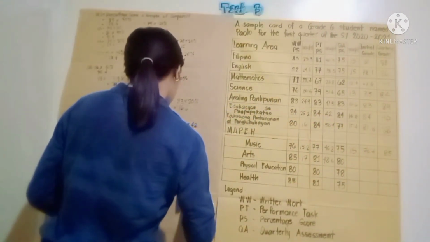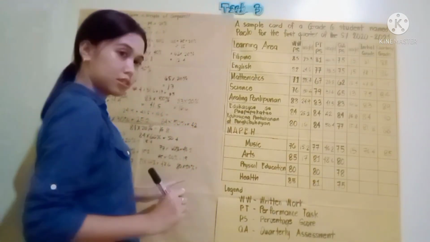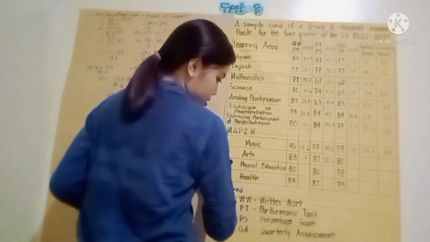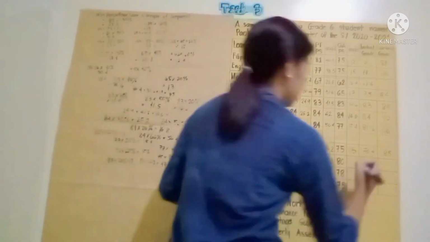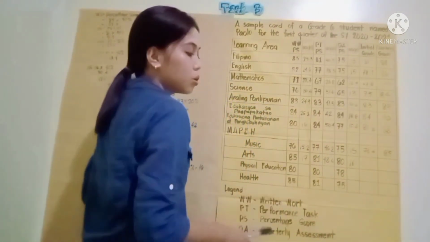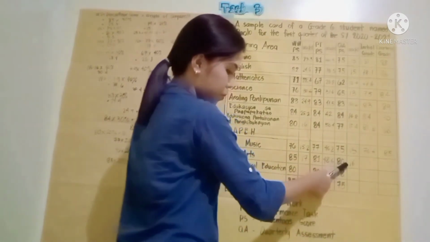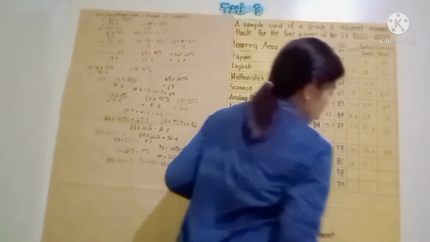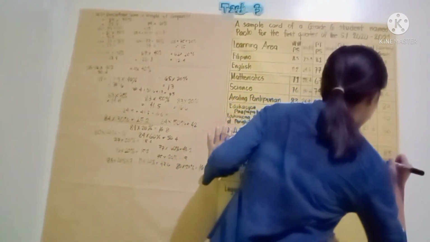So 80 times 20%, the weight of component in quarterly assessment, is equal to 16. So to get the initial grade, we add 17 plus 48.6 plus 16, which is equal to 81.6, and the transmuted grade is 88.